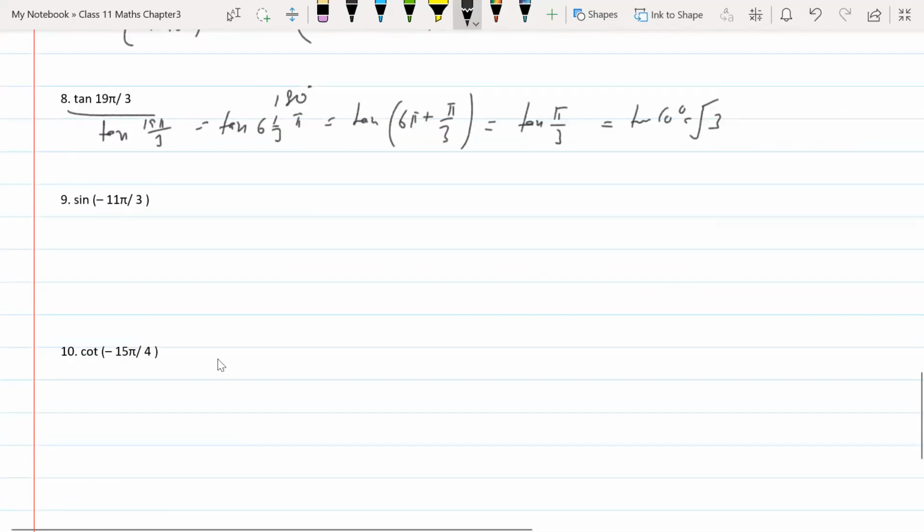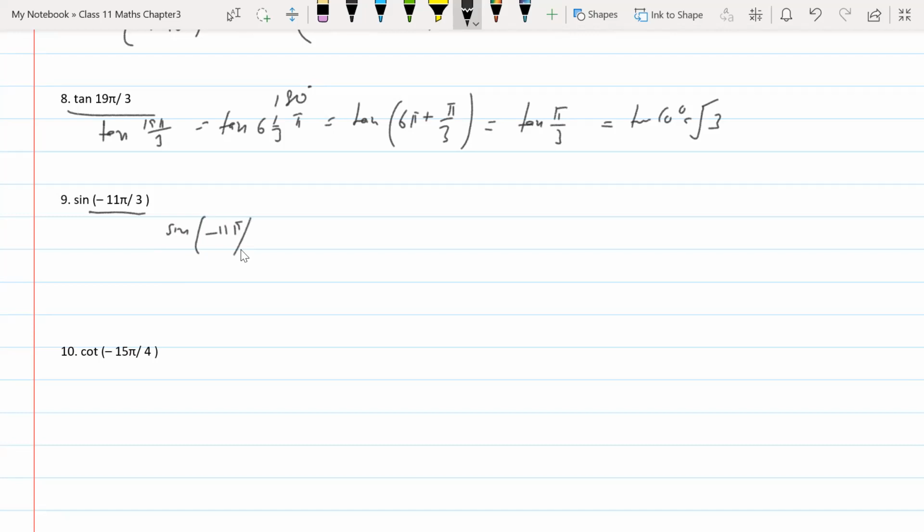Again, sine minus 11 pi by 3. It is a fact that sine repeats itself after an interval of 2 pi or 360 degree.